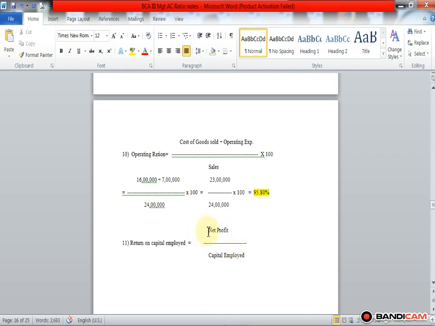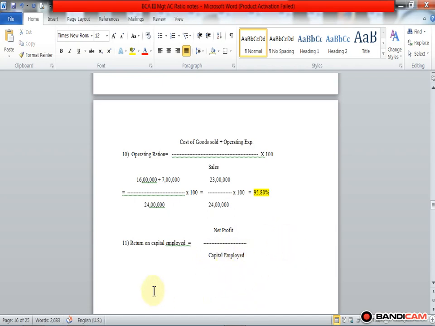So investment of owner's capital in which form? Here capital employed is the investment of capital in fixed assets and current assets.